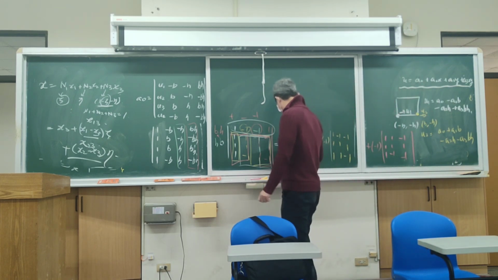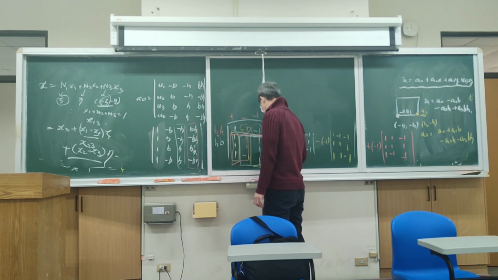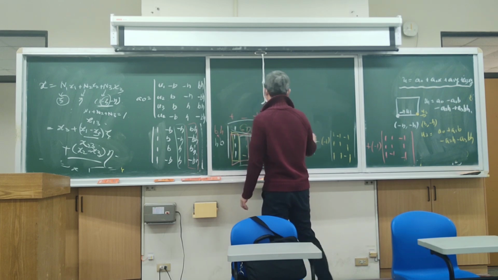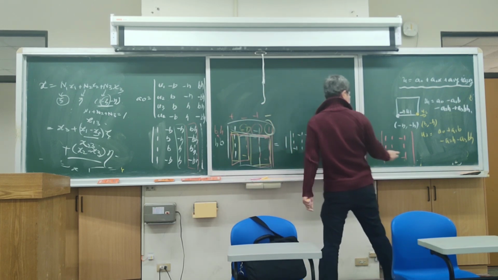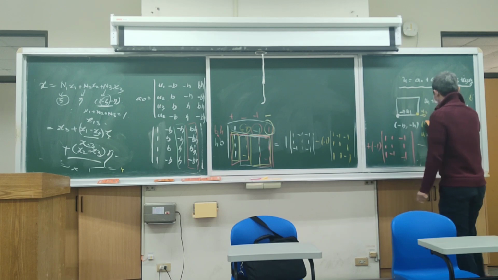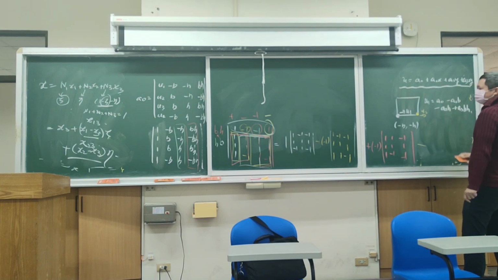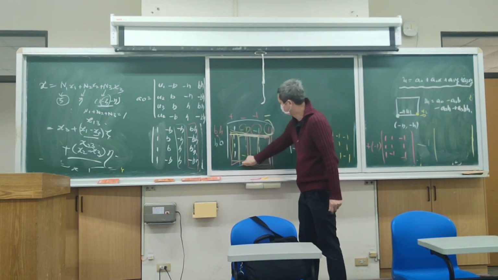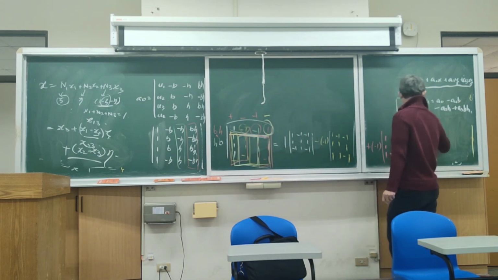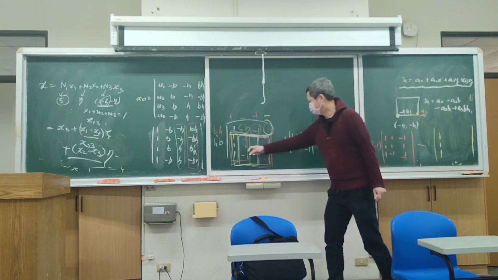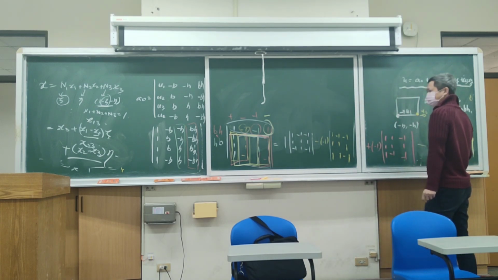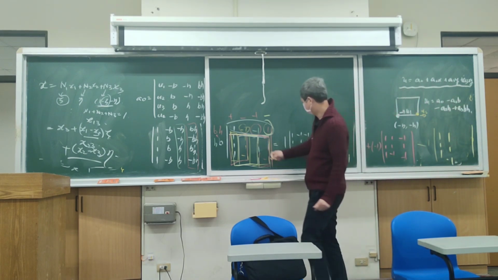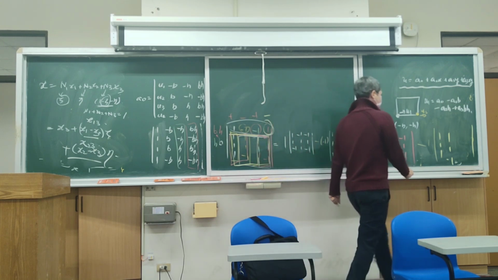That's not the end. The very last, let's see. Where's the very last? This is minus. Minus 1 times the minus cofactor. Okay, this is 1, 1, 1, and 1, 1, minus 1, and then your minus 1, 1. Okay.